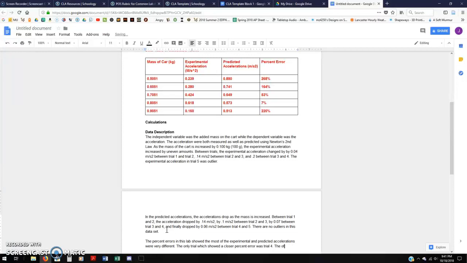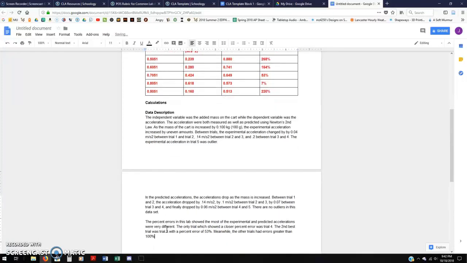We can say the second best trial was trial 3 with a percent error of 53%. Meanwhile, the other trials had errors greater than 100%.